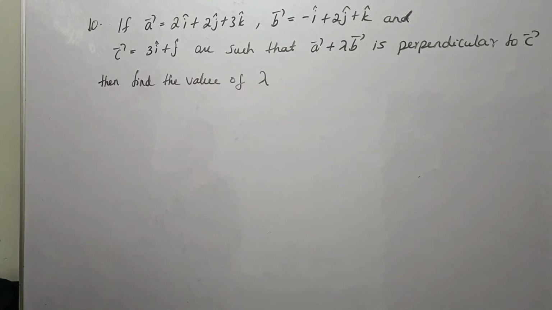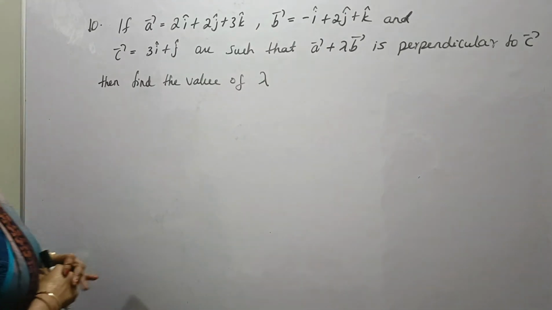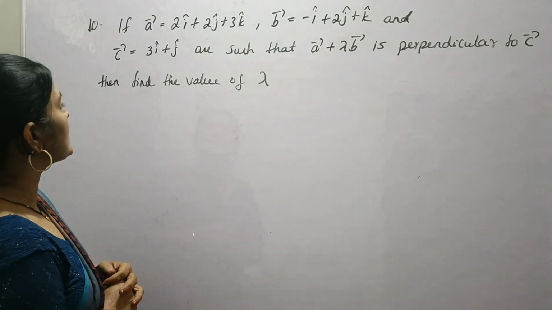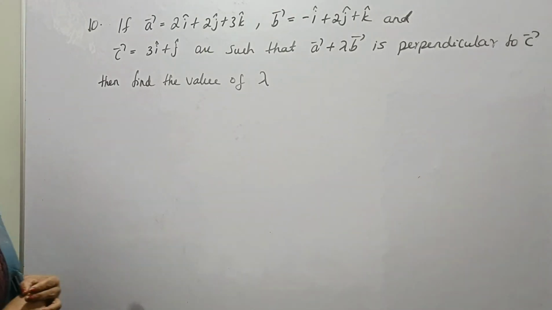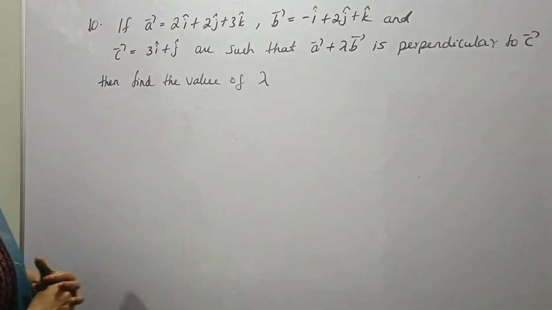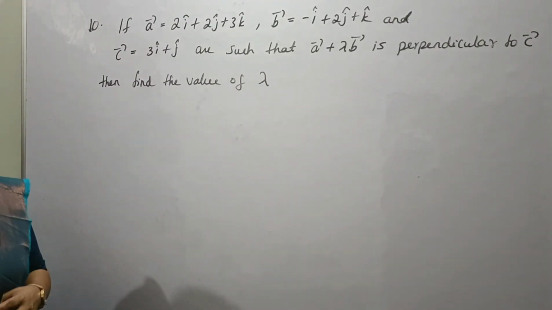If vector A is equal to 2i plus 2j plus 3k, vector B is equal to minus i plus 2j plus k, and vector C is equal to 3i plus j, such that vector A plus lambda vector B is perpendicular to vector C, then find the value of lambda.